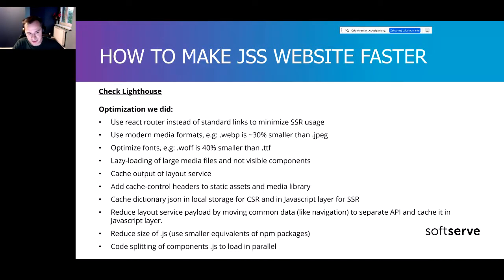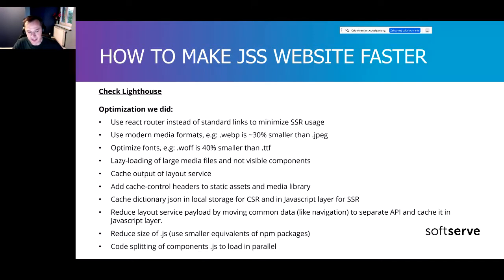Then we use caching of the layout service output. This is what I meant previously. We add cache headers to the static assets and media library. We cache the Sitecore dictionary items, both on server-side rendering and in local storage for the client side.